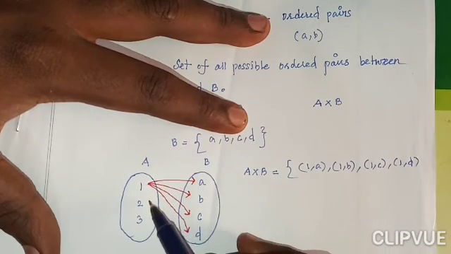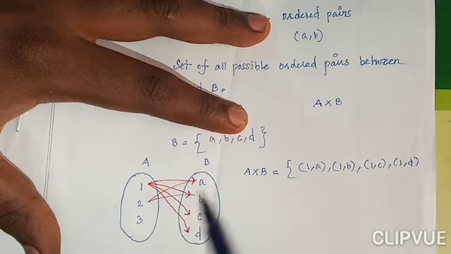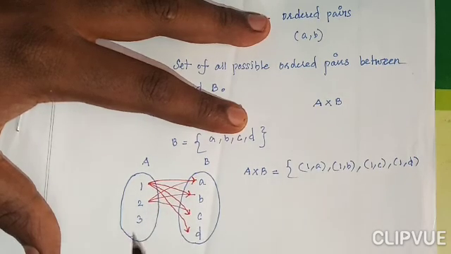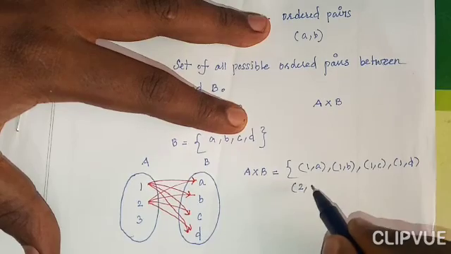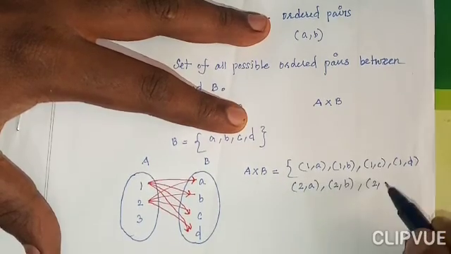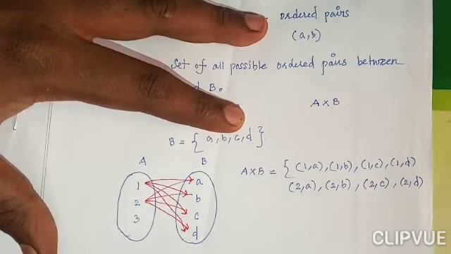If you take 2 from A: (2, a), (2, b), (2, c) and (2, d). This is the second one.